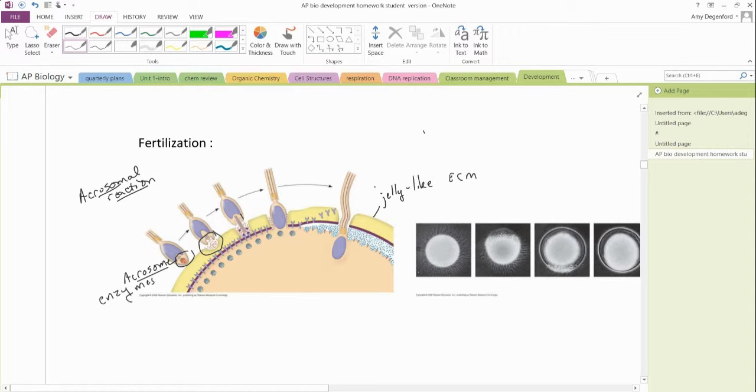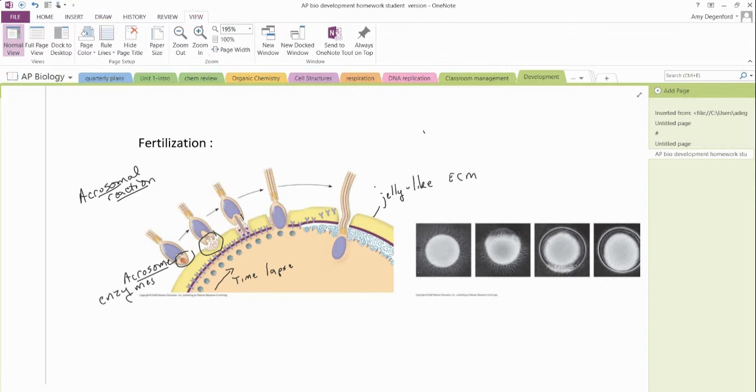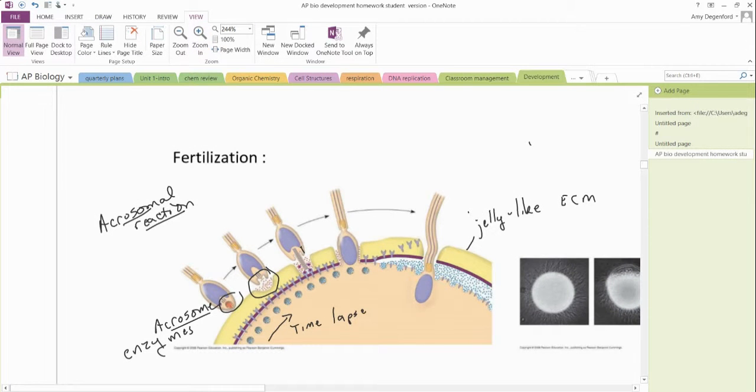You can see that in this picture right here. This diagram is showing things much like in a time lapse. They've taken different snapshots, and it's indicating what's happening in a stepwise fashion. So we see these enzymes slowly dissolving away the jelly-like coating here.